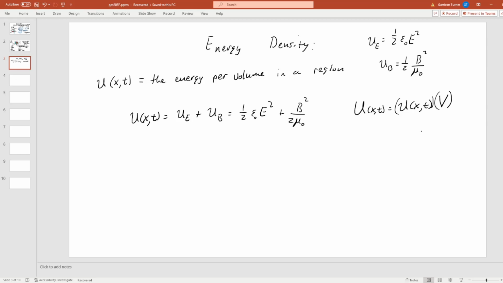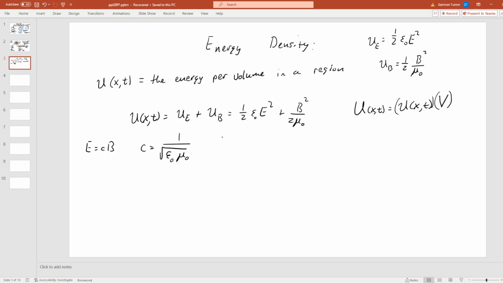All right? But there's something to note first, and that is this. Remember that E equals cB, but c equals 1 over the square root of epsilon naught times mu naught.